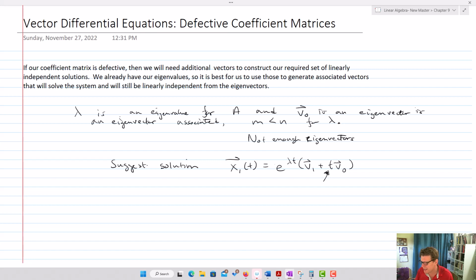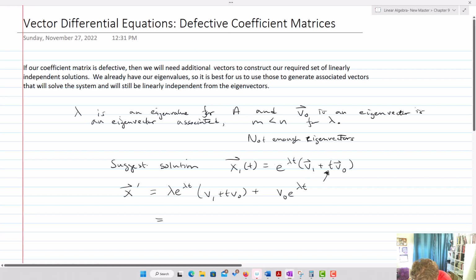So let's actually show that this is in fact going to be a solution given a certain set of characteristics. That's going to help us figure out what our solution method is going to be. We take x prime, and x prime is then going to be lambda e to the lambda t times (v1 plus t v naught), plus v naught e to the lambda t, just using the product rule.